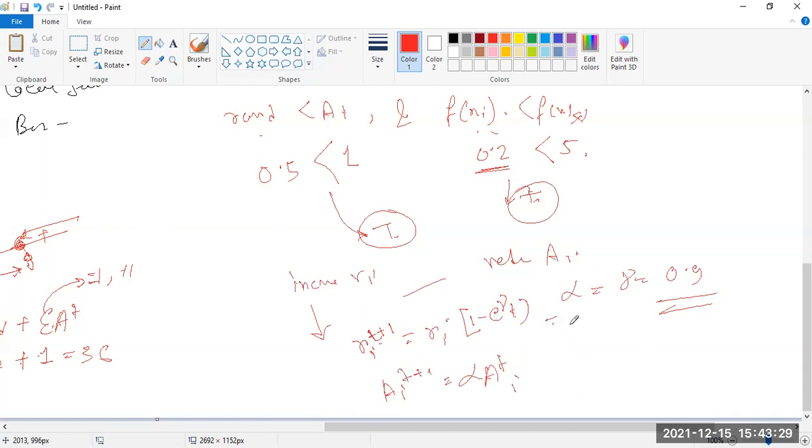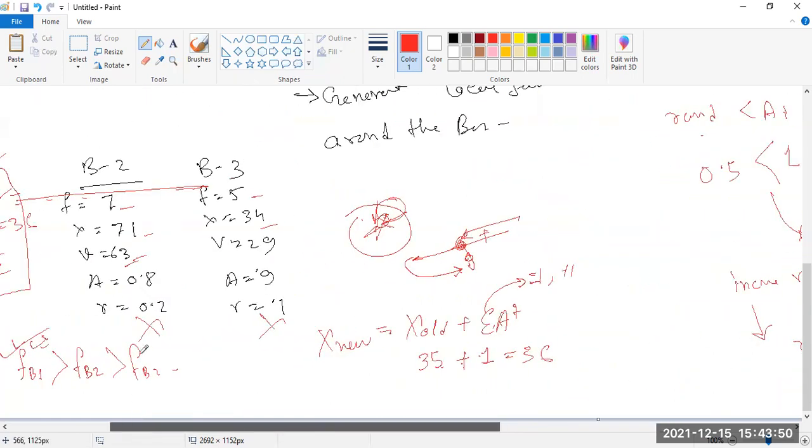So by this we can get this value, and it will be changed up to this. So we can update the values of the other things. You can see this is the best solution.